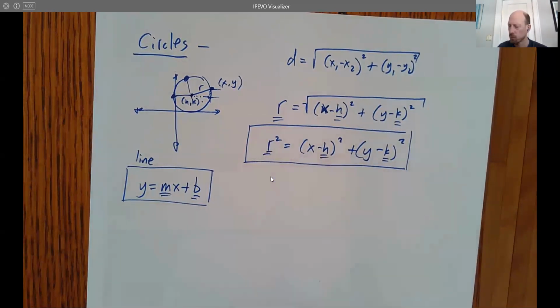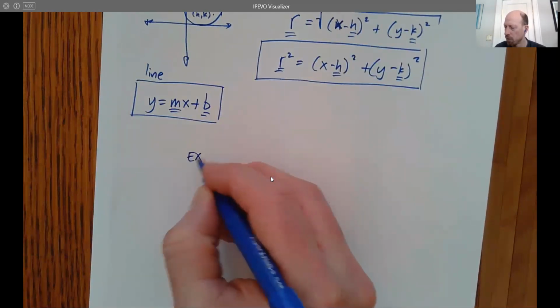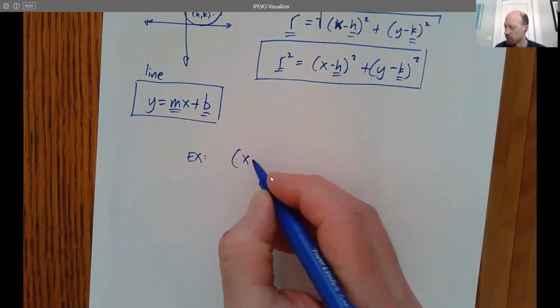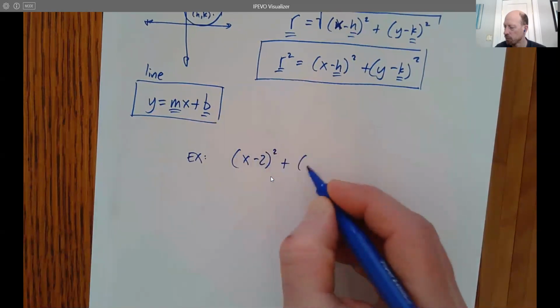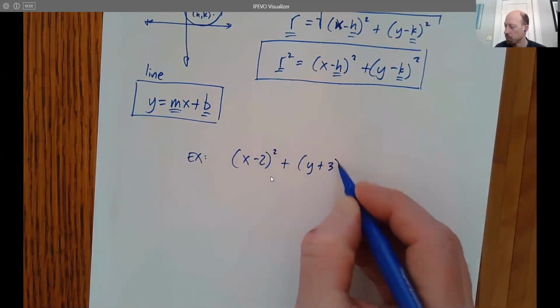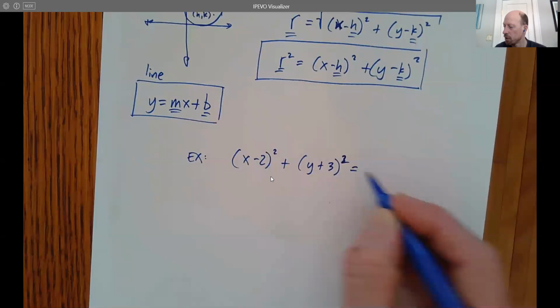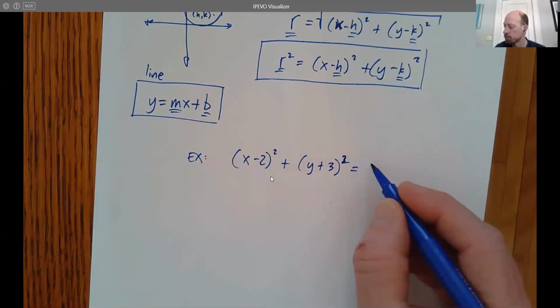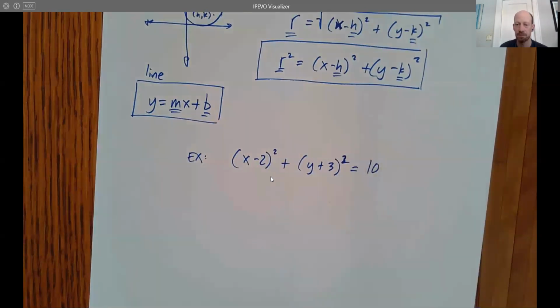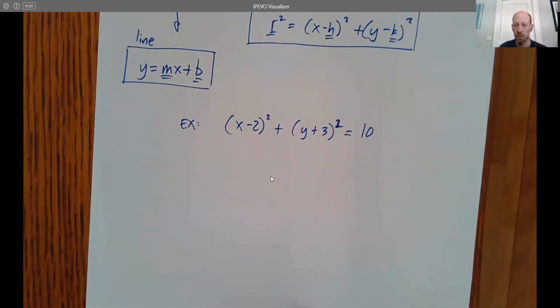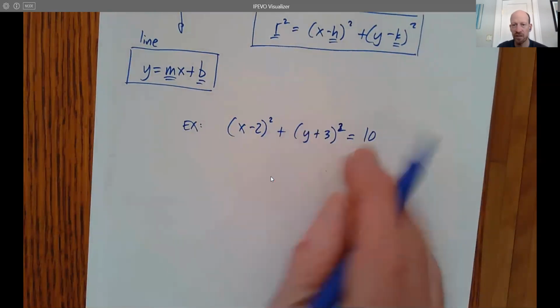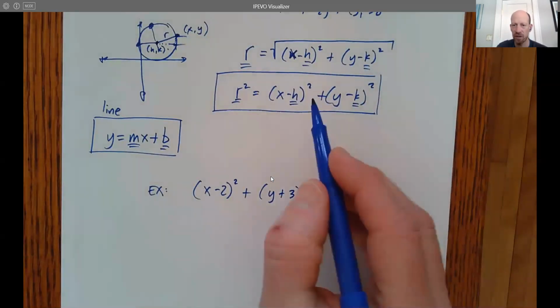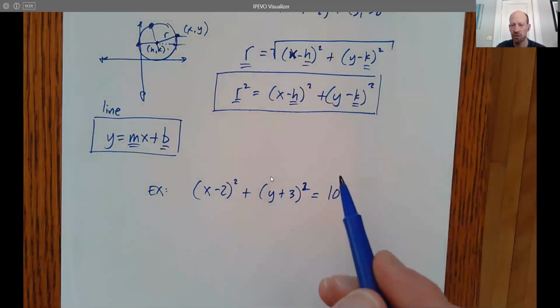So for example, if you have (x minus 2) squared plus (y plus 3) squared equals, say, 10, I recognize that this is the general form, the equation of a circle.